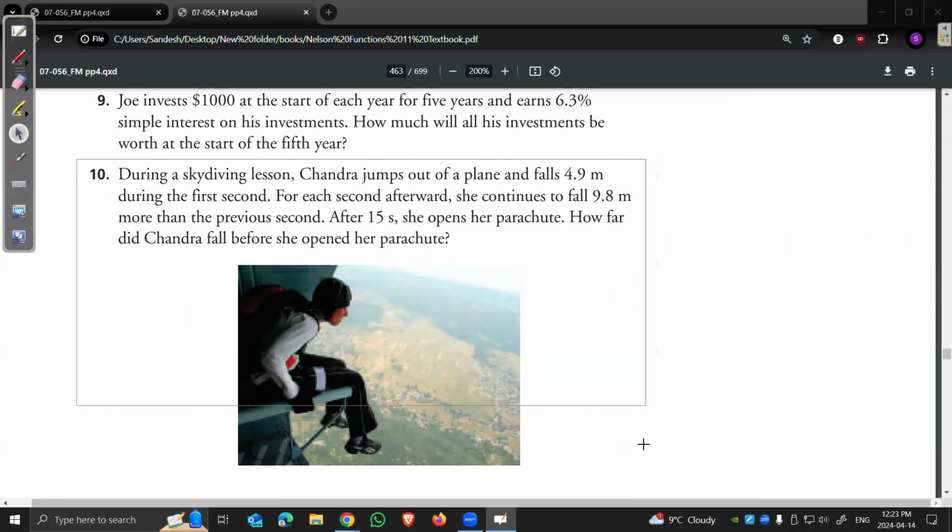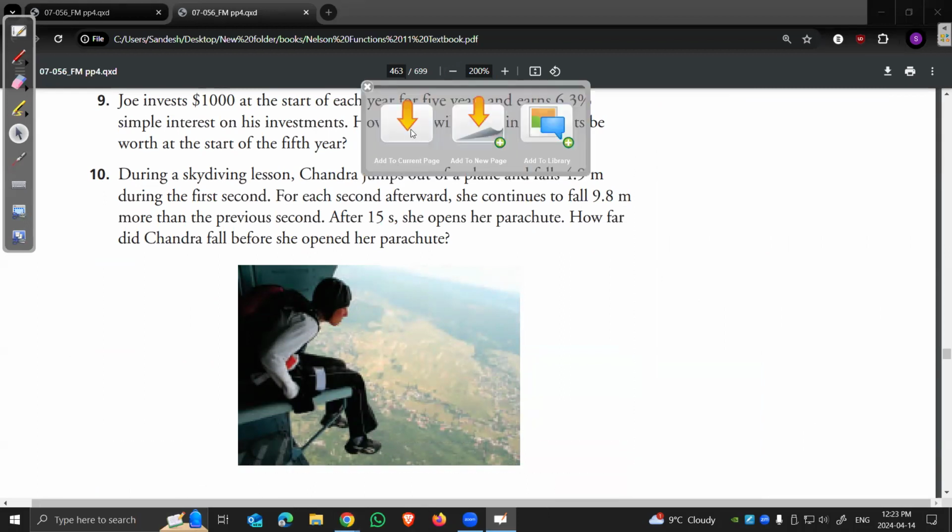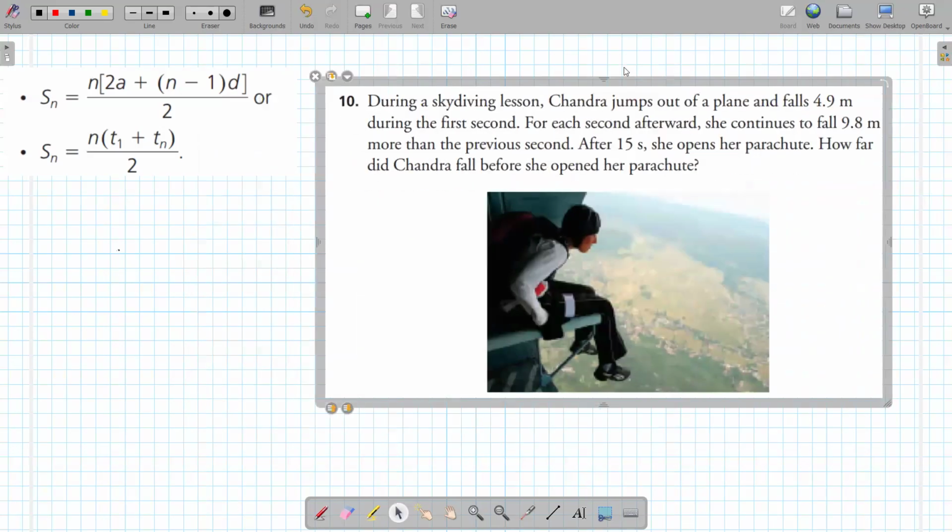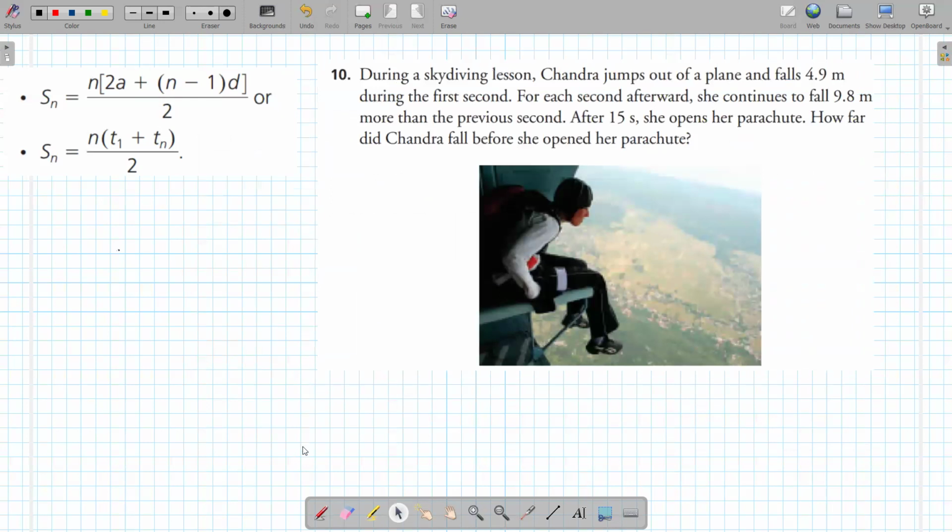Let's look at this question with this blurry picture. So someone's jumping out of a plane.